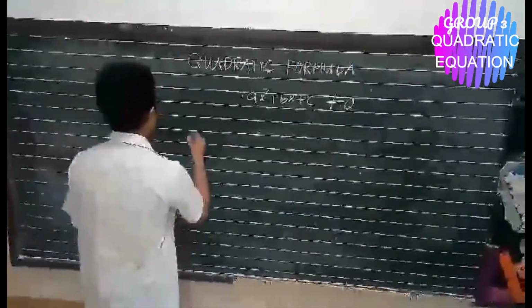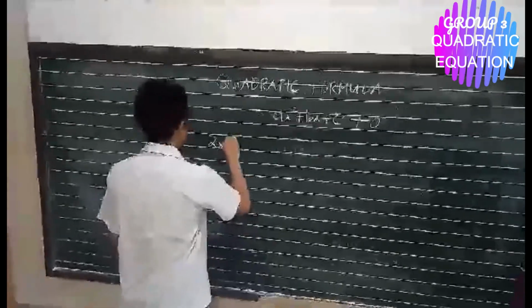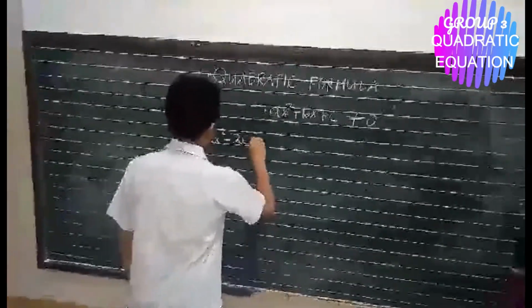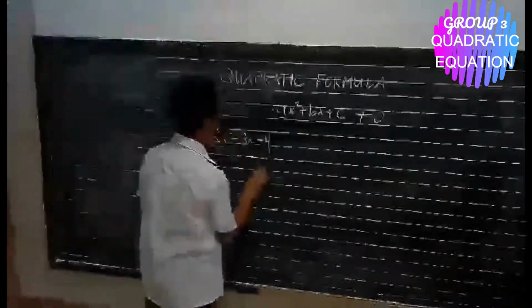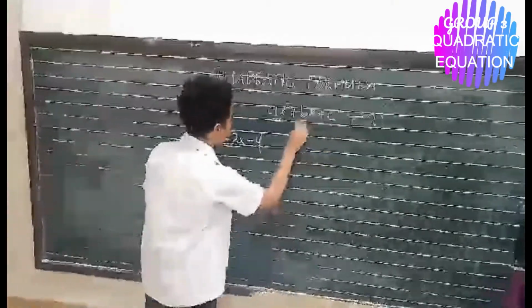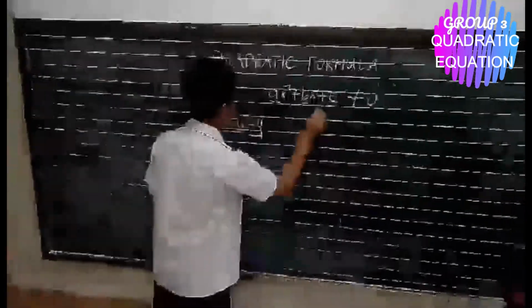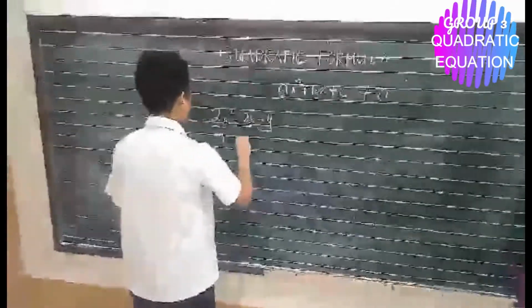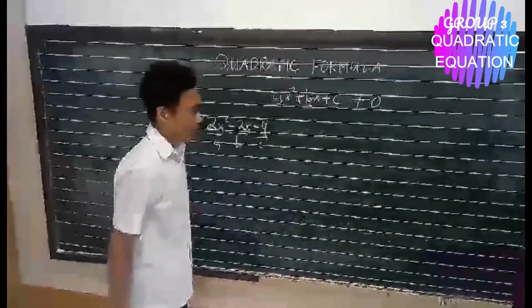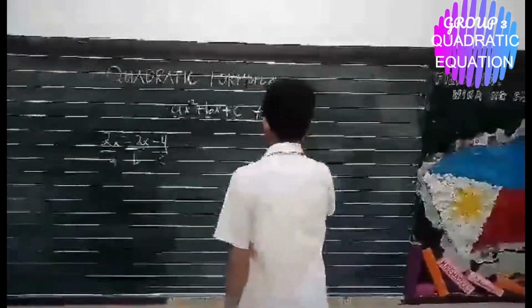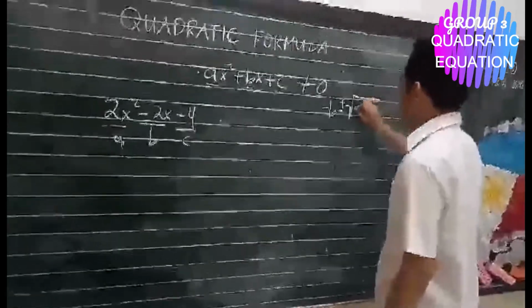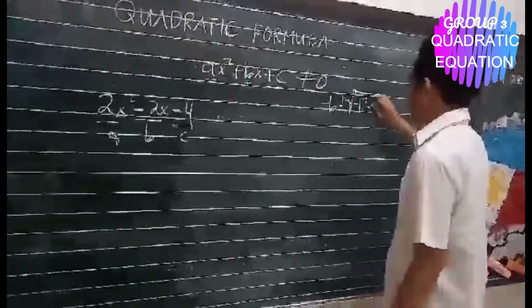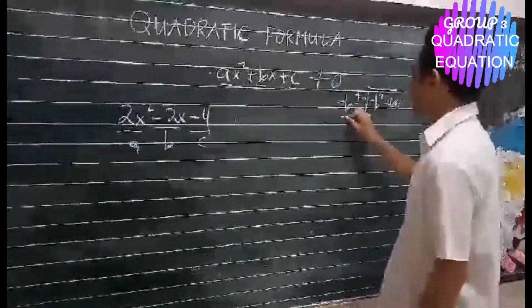So my example is 2x squared minus 2x minus 4, wherein our 2 is our a, our negative 2 is our b, and our negative 4 is our c. A, b, and c. Now going back to the quadratic formula, negative b plus minus square root of b squared minus 4ac over 2a.